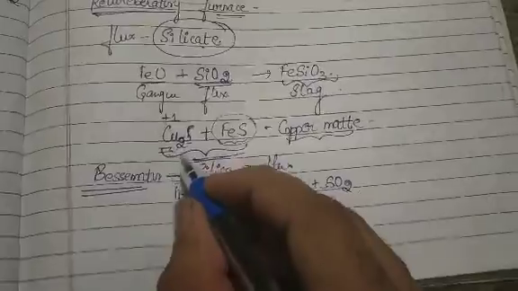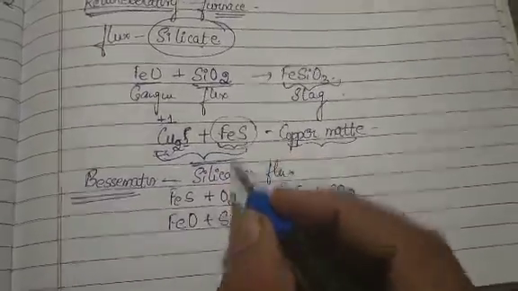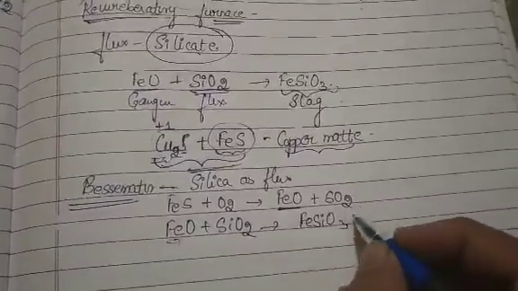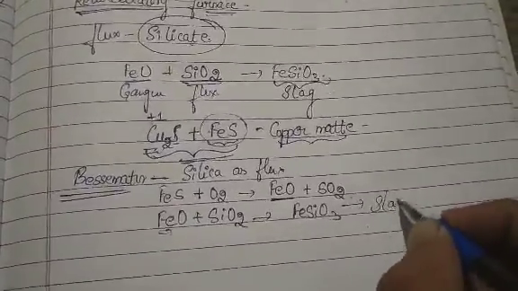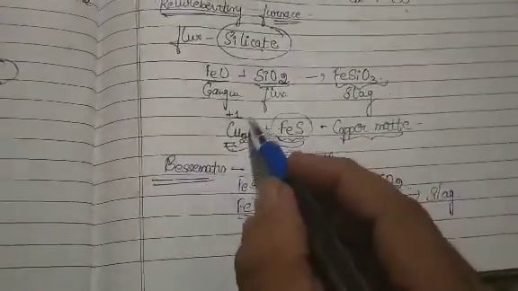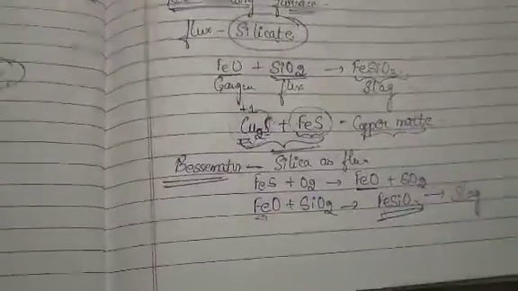So from the copper matte we have obtained, we have completely removed the iron impurities, which have come out as slag of iron silicate. Now the question arises: how to convert this Cu2S to Cu?